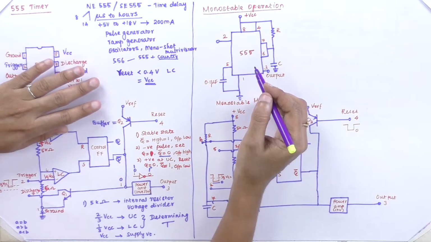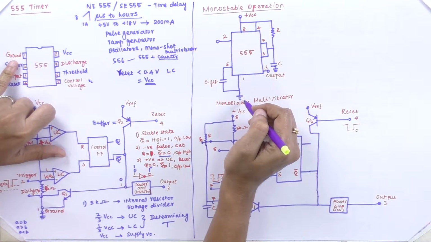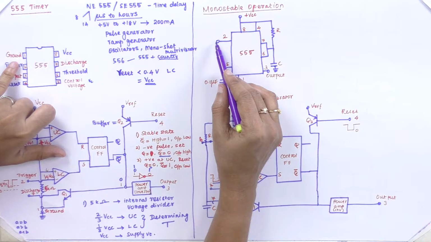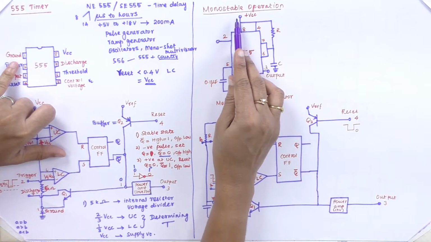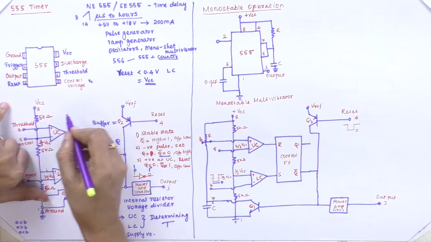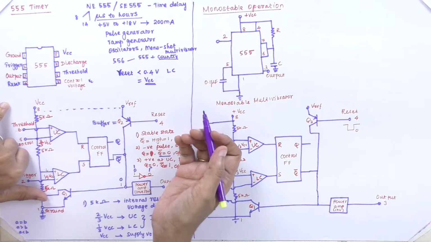Coming to the concept of monostable operation. Again the first terminal represents the ground terminal. The second terminal is for the trigger, the 8th is for the supply, and the 4th is the reset terminal.